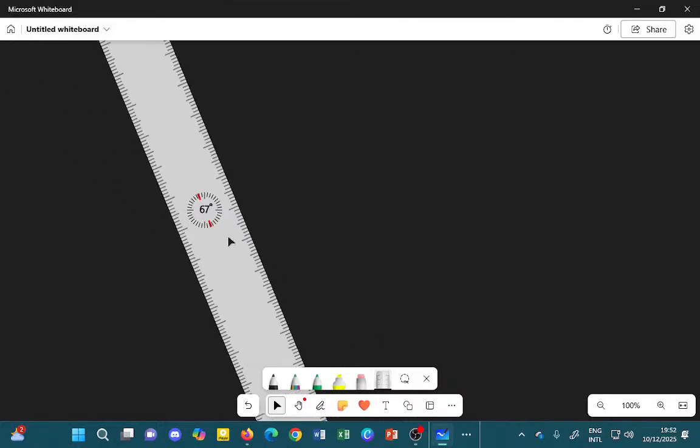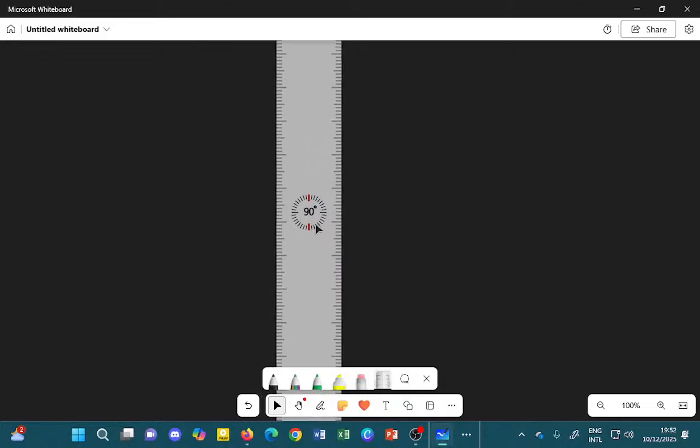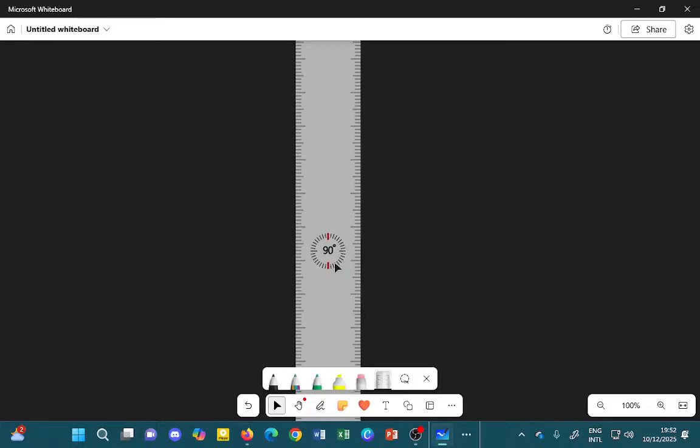I've just called it untitled whiteboard. But first, let me ensure that I'm organized by subdividing the page on which I want to work. And so I'll imagine that this should be the center.